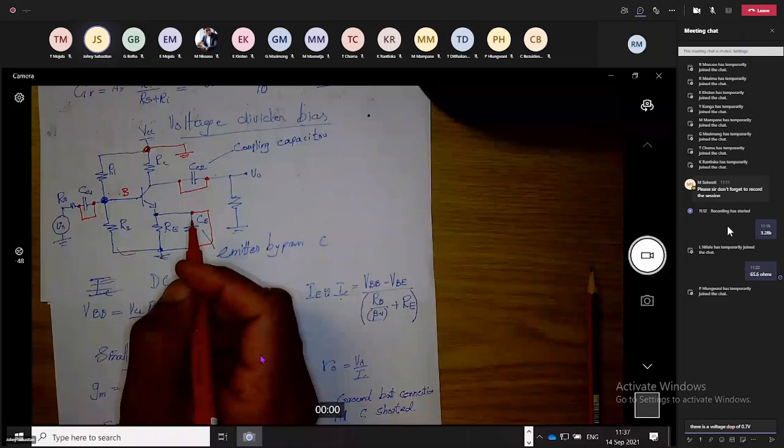Can someone say it? What is between base and emitter?